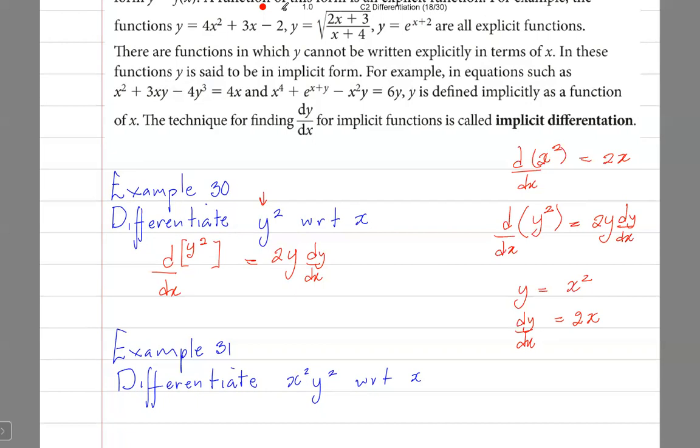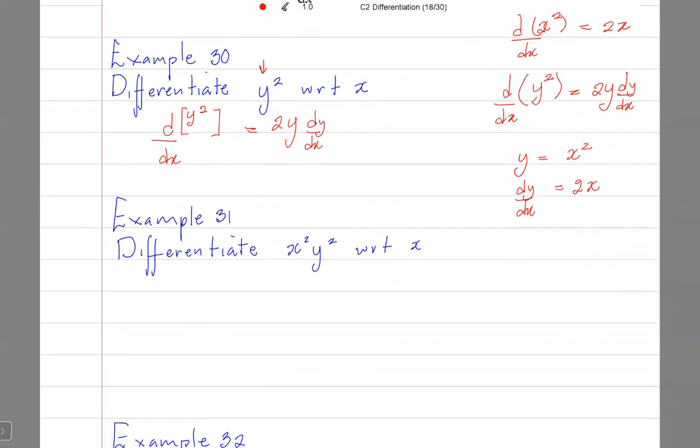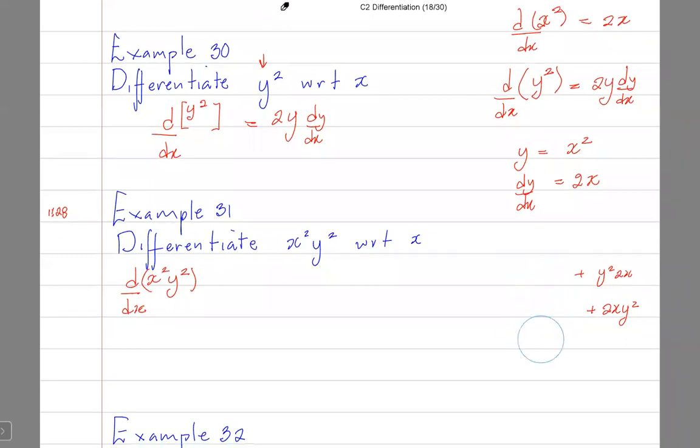The only clue I would let you know is that when you differentiate, this is a product. So you have got to use product rule. So you are differentiating x squared y squared with respect to x. All right, let me see what you can do. All right, so if you're asked to differentiate x squared y squared, that is a product differentiation, so I need to apply product rule.